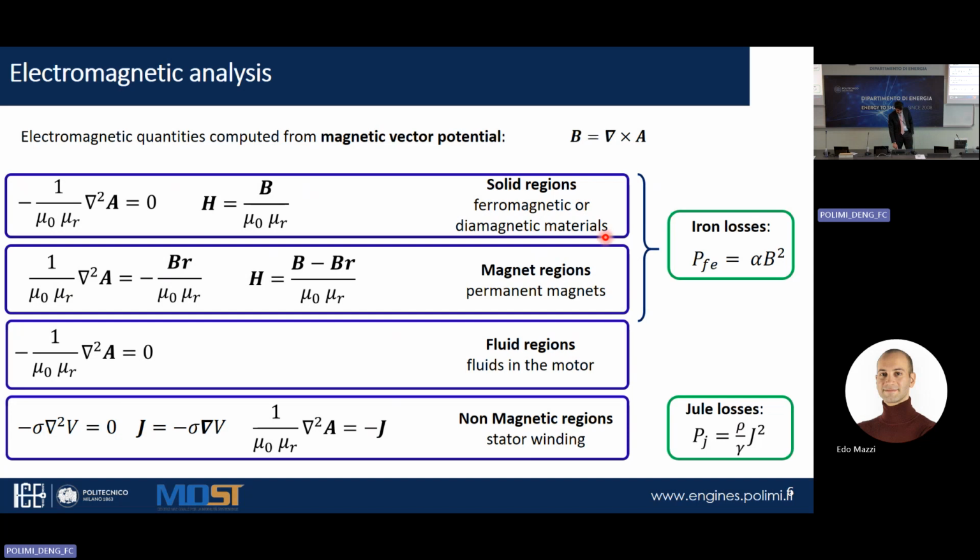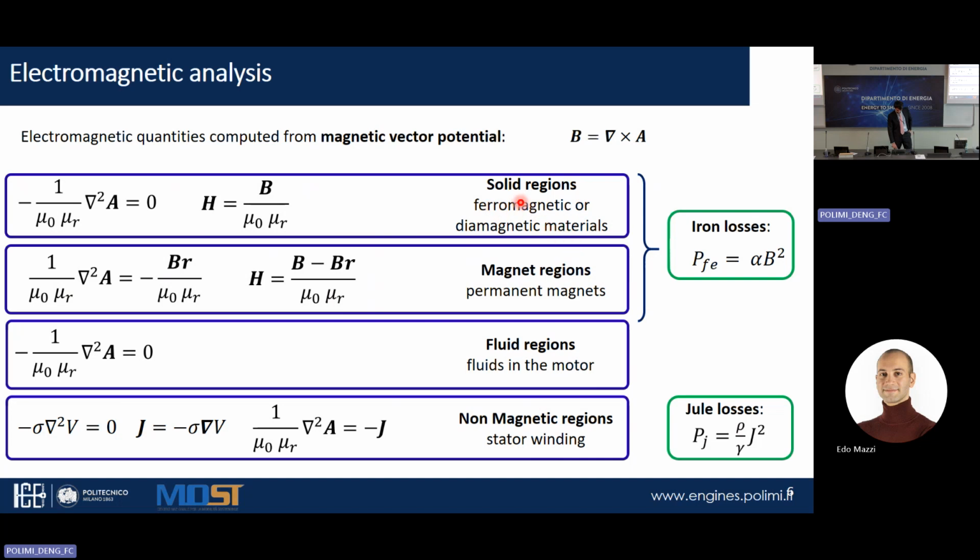Diffusive equation that can be applied to different regions. In particular, we have solid region made of ferromagnetic or diamagnetic materials. The solid region in which we have the permanent magnets, so we have a residual magnetization of the element. And then we have fluid regions in which we do not have any magnetization, and then non-magnetic regions where we have the current that flows and in which we generate a magnetic field.